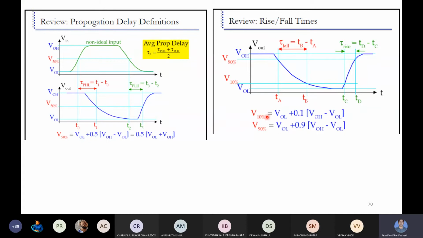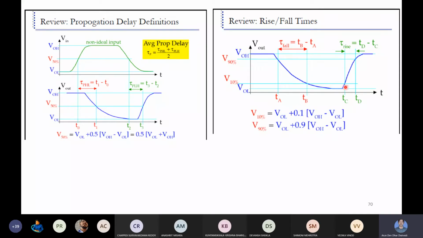There are two types of calculation, rise time and fall time. When the output pulse is switching from high to low, at 90% of the maximum amplitude VOH the time is TA, and when it reaches the 10% point the time is TB. The difference between these two times is the fall time: tau fall is TB minus TA.